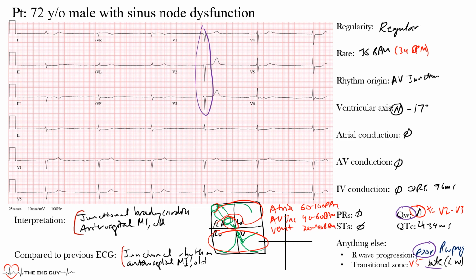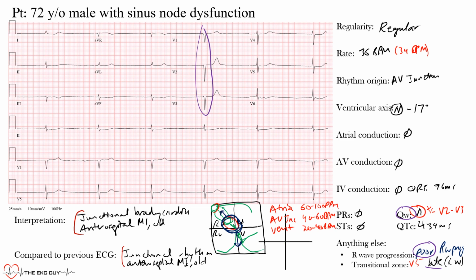So because in this case there was a regular rhythm, a rate that was slow with no P waves, we had an idea that this was coming likely from a junctional region, meaning that it would come from somewhere in this region. So let's see if we can erase some of this here. So because it's coming from somewhere in that region, you can sometimes see not only the QRS complexes that result as it heads downward, but also the retrograde.